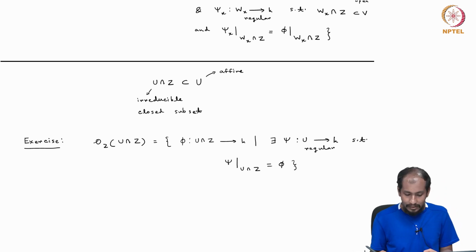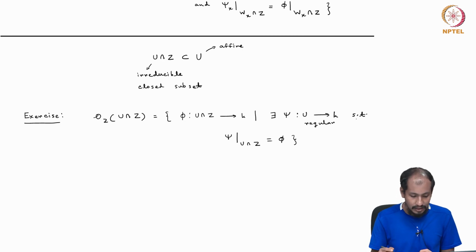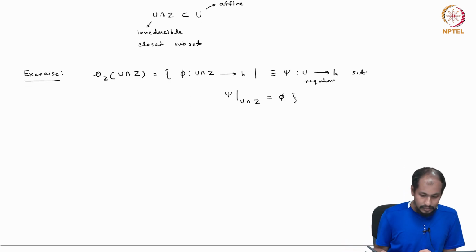Okay. So this is an exercise. For doing this exercise, in an affine variety you need to consider those basic open subsets of the form D(f), and consider their ring of regular functions, which is nothing but the localization at that regular function. So fine.